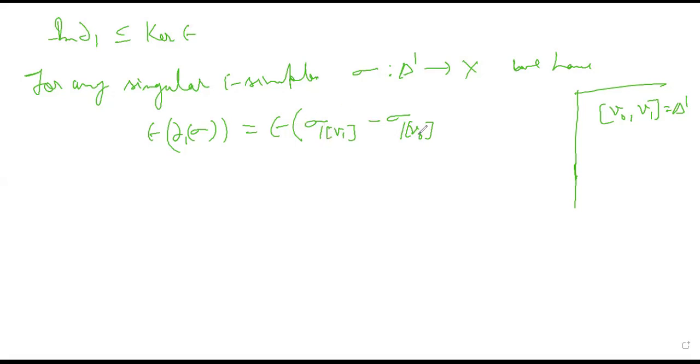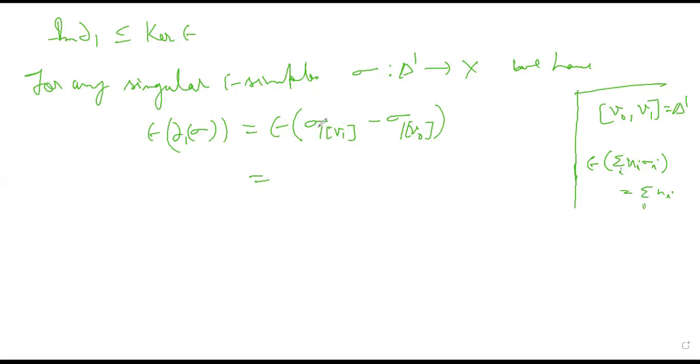When you remove v1, we have minus 1 to the power 1. So we have something like this. But this is what? This is a singular zero simplex. This is another singular zero simplex. And we have seen that epsilon applied over summation ni sigma i is nothing but summation ni, right?